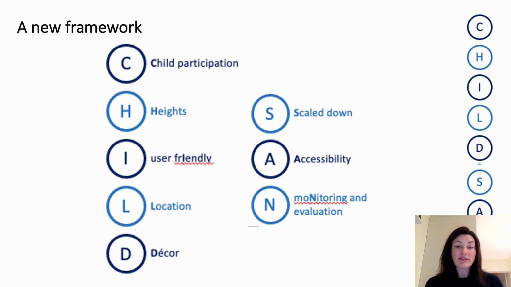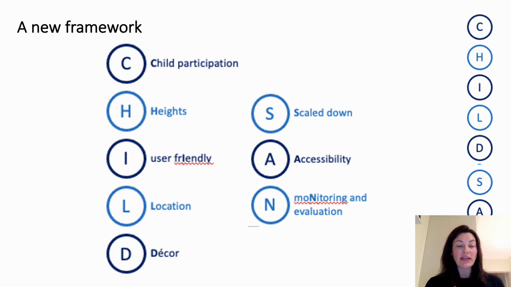Because there wasn't much consideration for this age group, we critically reviewed the existing guidance for the provision of emergency sanitation for children aged 5 to 11 and developed a new framework that the WASH sector can use to better provide sanitation facilities for children, and we called it Child SAN. Child SAN is an acronym representing key factors for the WASH sector to consider in emergency sanitation programs.